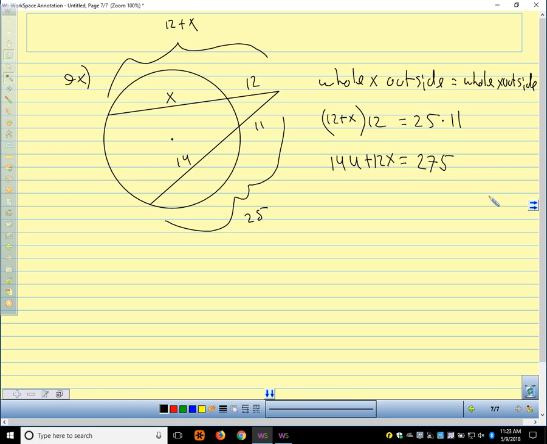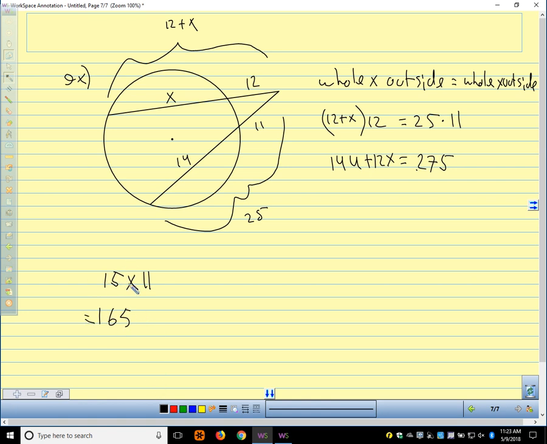275. Have I showed you the trick for multiplying by 11? So to multiply 25 by 11, you separate the 2 and the 5 and add them together. Put that in the middle. That always works. So, for example, 15 times 11, you separate the 1 and the 5, add them together, 165.